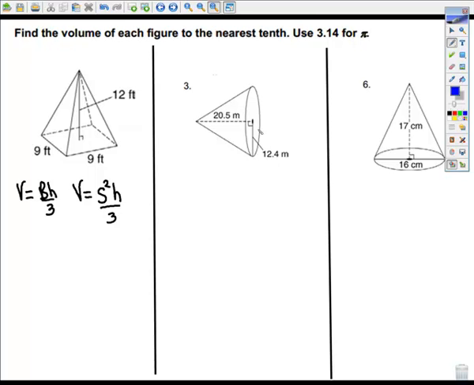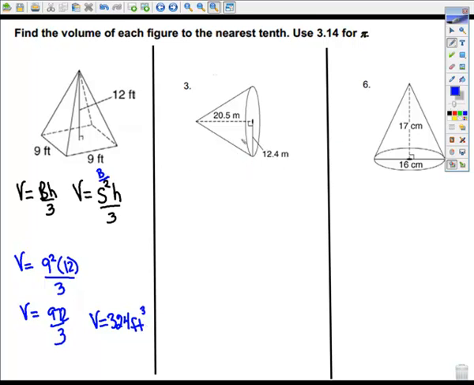So again, this right here was the capital B. So my volume is 9 squared times the height of this pyramid, 12, divided by 3. 9 squared is 81. So I have 81 times 12 is 972. Divided by 3 is 324. So my volume is 324 feet cubed.